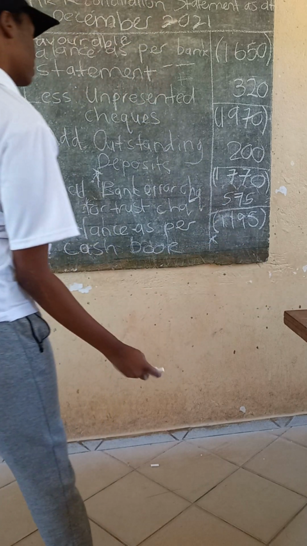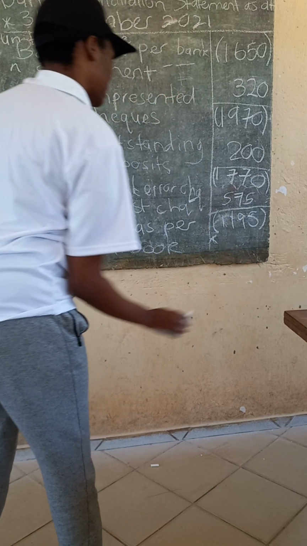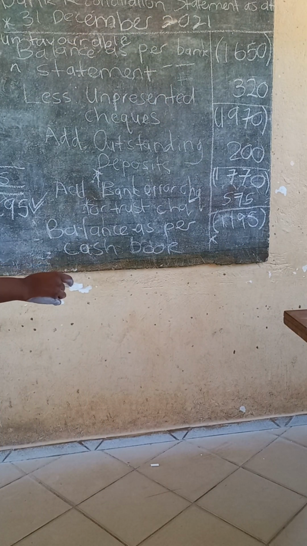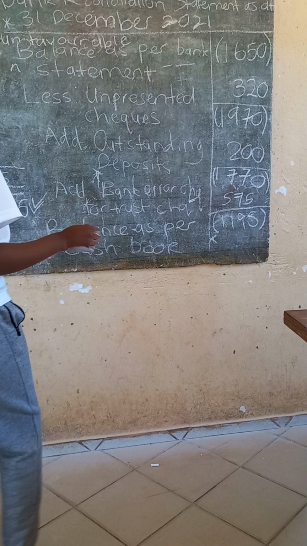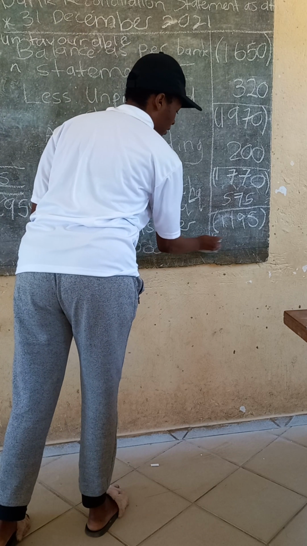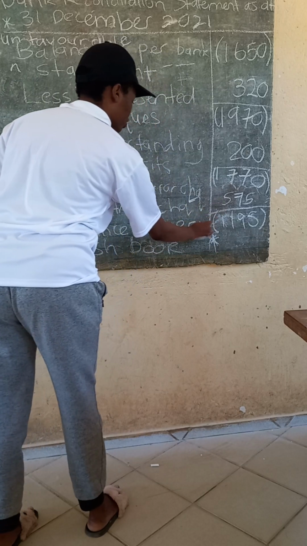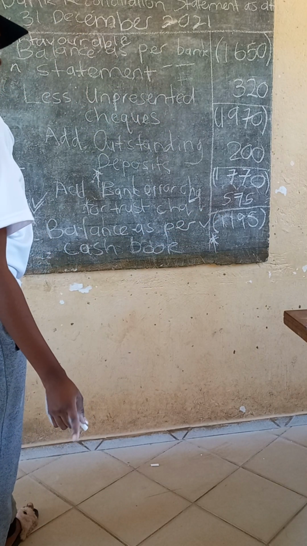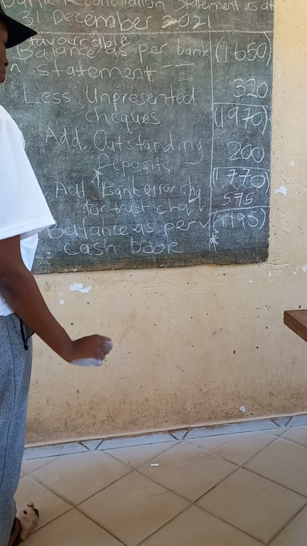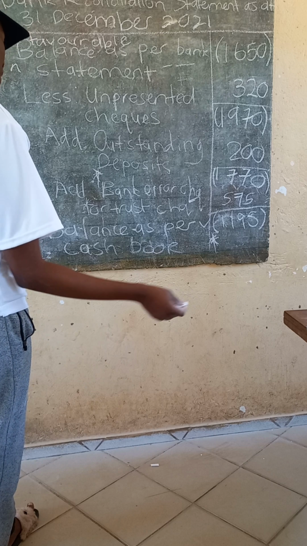The reason why it was not balancing is because it was just an error on the question paper. But most of the time, this figure, the balance as per cash book, should tell you our balance c/d and our balance b/d. I hope that's clear.